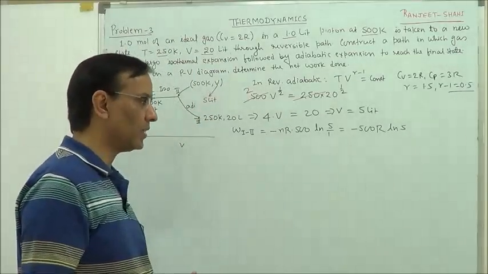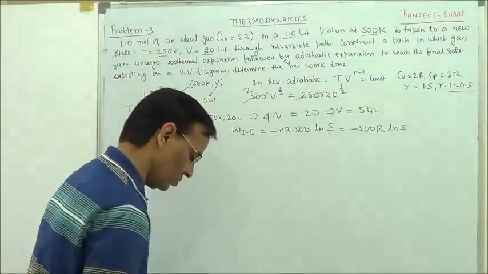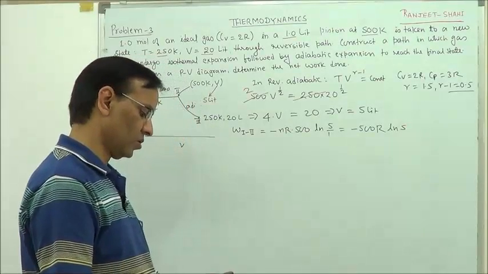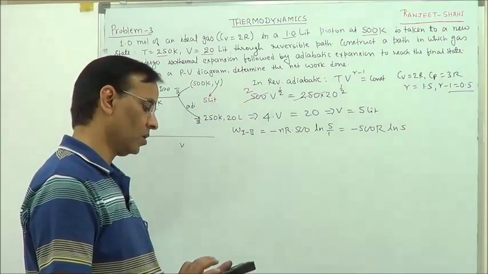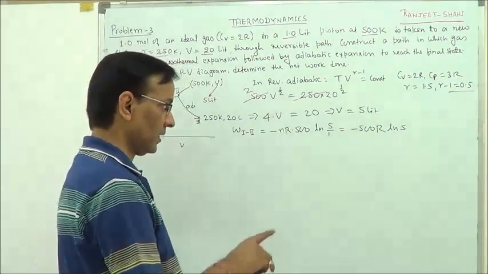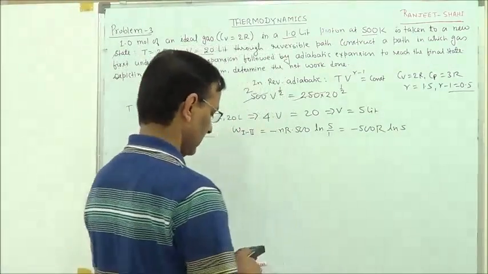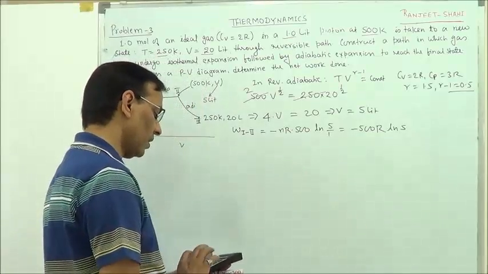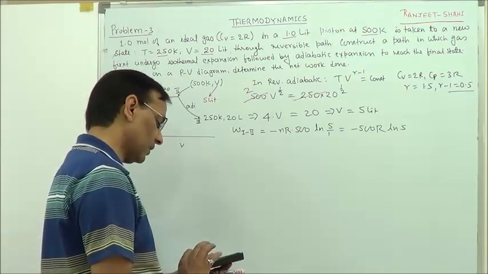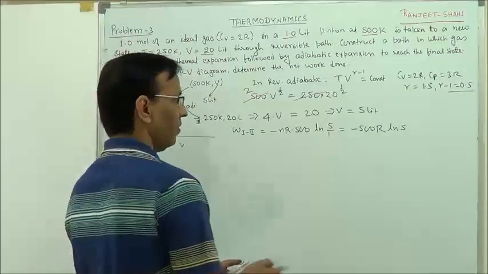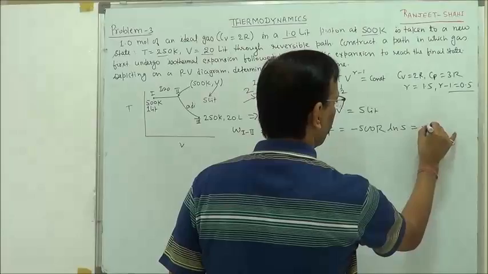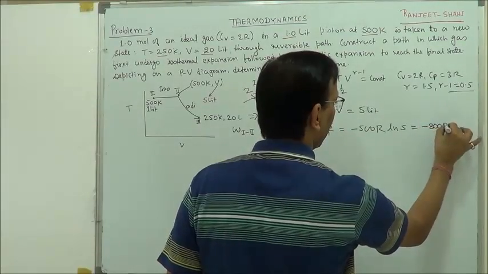Log 5 is 0.7, so ln5 is 1.6. So 500 into 1.6, 800 R. So it is minus 800 R.